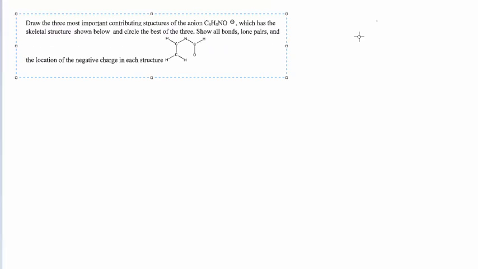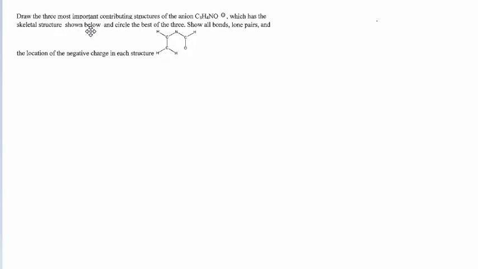So, first problem. We're given a prompt like this. Basically, we're told that we have a certain formula, this formula here, and we have a basic skeletal structure, and we want to finish this structure and then draw the resonance structures.